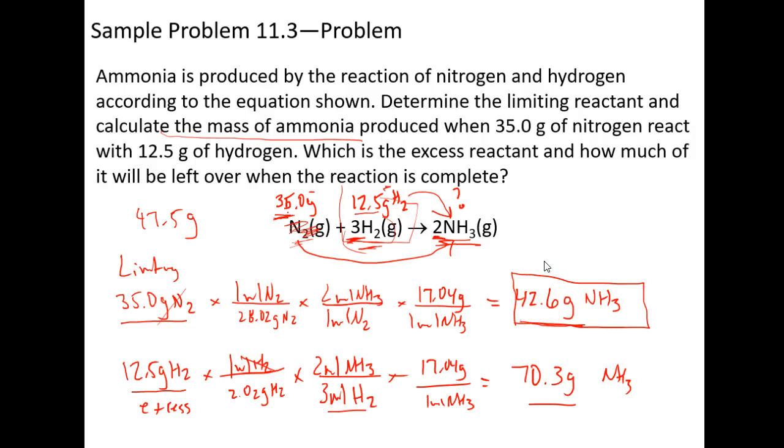You can figure it out by taking your 47.5 and subtracting your 42.6. So there's 4.9 grams of hydrogen left over. That's how much is left over. If the remainder of this 4.9 grams of hydrogen was consumed, I would then start making 70.3 grams of ammonia. All right? So does this make sense? I hope this makes sense.